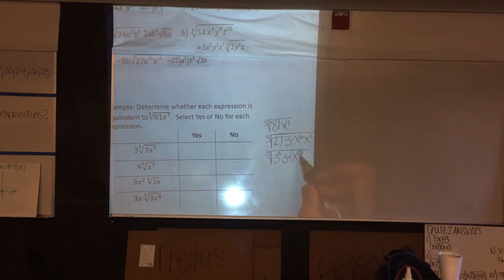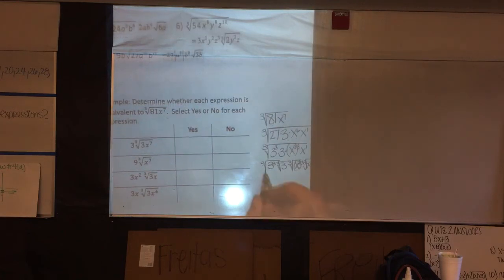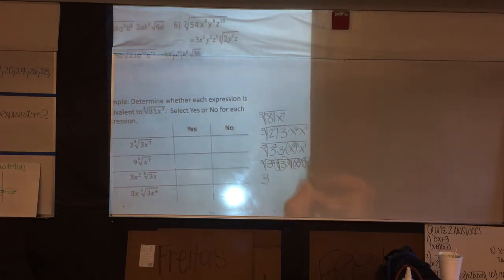So I'm kind of undoing that process here. Okay, so now I can cube root the 3 to the third. I cannot cube root the 3. I can cube root the x squared to the third power, and I cannot cube root the x. So the cube root of 3 to the third is 3. I'm going to leave these two inside, but I can cube root this one. The cube root of x to the 6th is x squared.